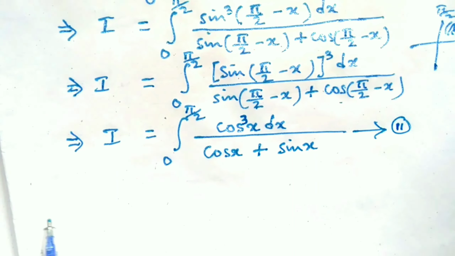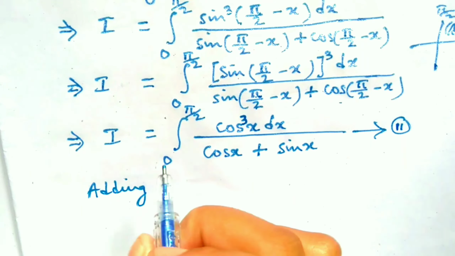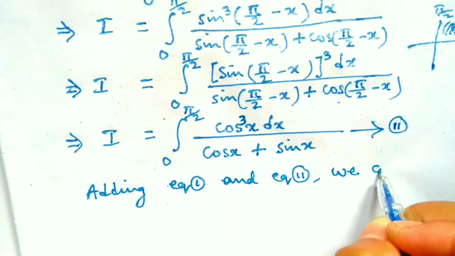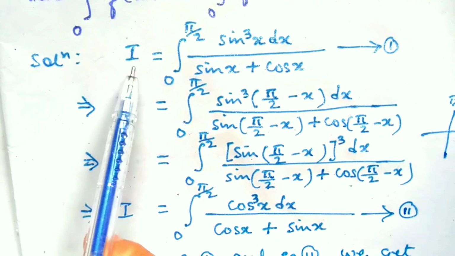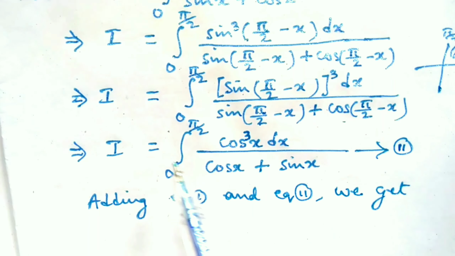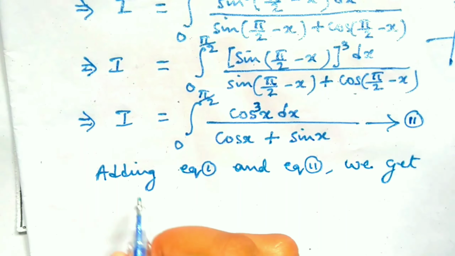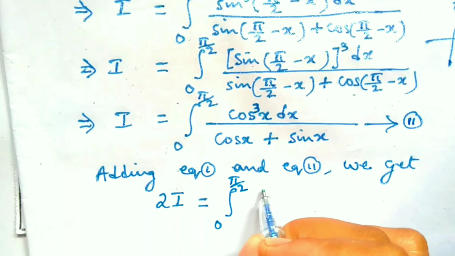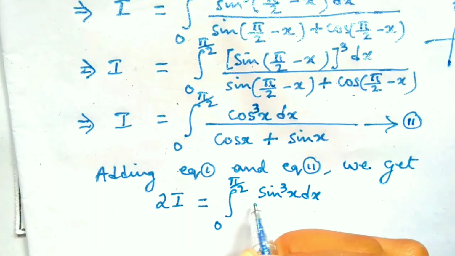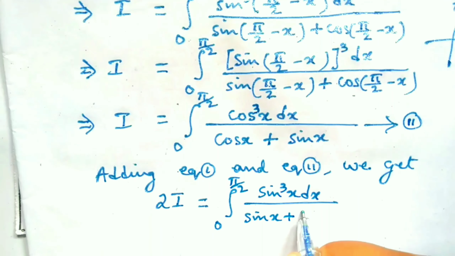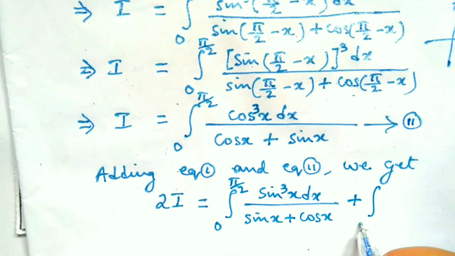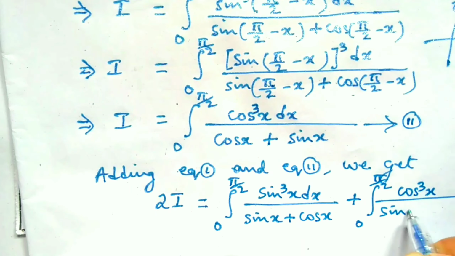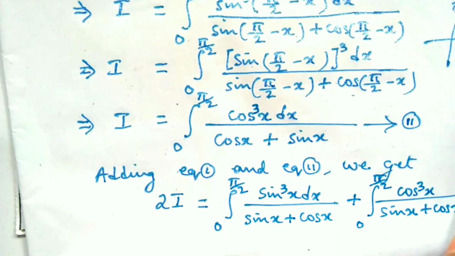Now we add equation 1 with equation 2. From equation 1 on the left hand side we have I, and also from equation 2 on the left hand side we have I. So if we add the two, we get 2I, and on the right we have integration from 0 to pi by 2 sine cube x dx divided by sine x plus cos x, plus integration from 0 to pi by 2 from equation 2 cos cube x divided by sine x plus cos x dx.